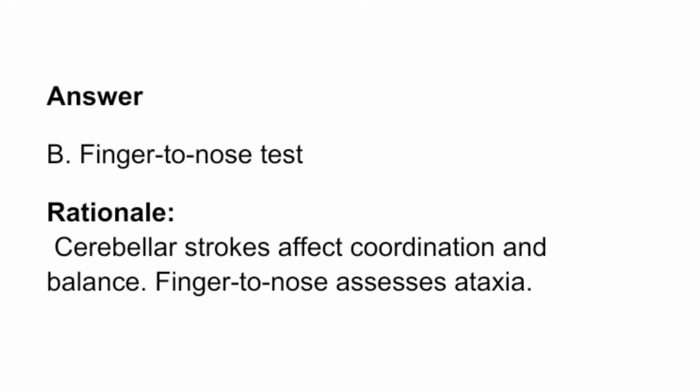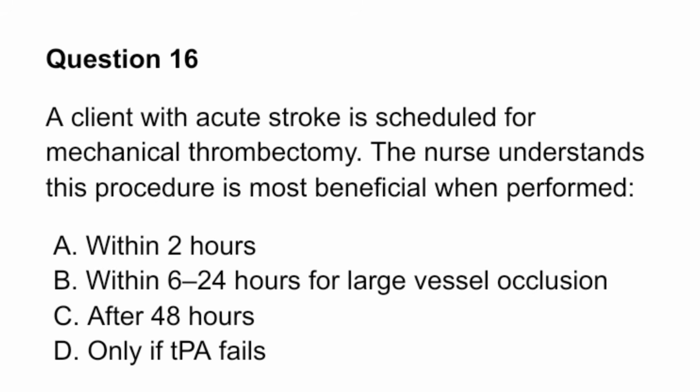Finger-to-nose assesses ataxia. Question 16. A client with acute stroke is scheduled for mechanical thrombectomy. The nurse understands this procedure is most beneficial when performed: A. Within 2 hours, B. Within 6 to 24 hours for large vessel occlusion, C. After 48 hours, D. Only if TPA fails.